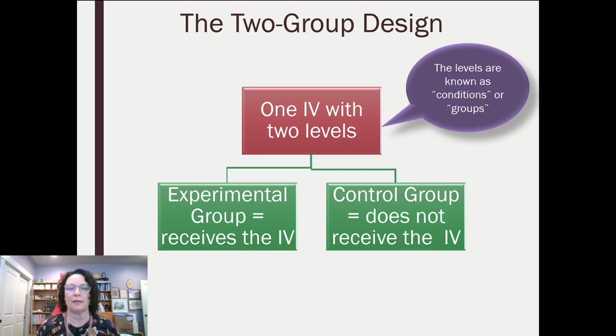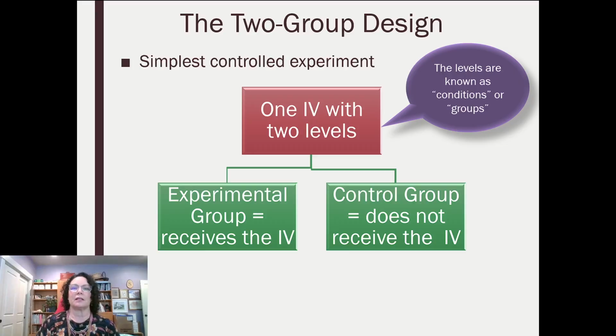A lot of times it's that the experimental group is getting the new thing that you're trying out, and the control group is getting maybe the old thing that we already know how well it works or not. So for example, maybe we're trying out a new treatment for depression. And so the experimental group gets the new treatment for depression, and the control group gets the standard cognitive behavioral therapy or something like that. So sometimes it's kind of hard in psychology to tell which is the experimental group and which one's the control group, and we'll get back to that a little bit later.